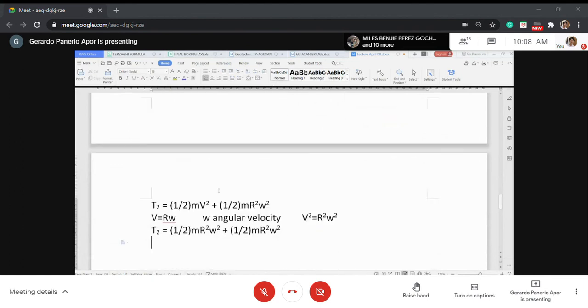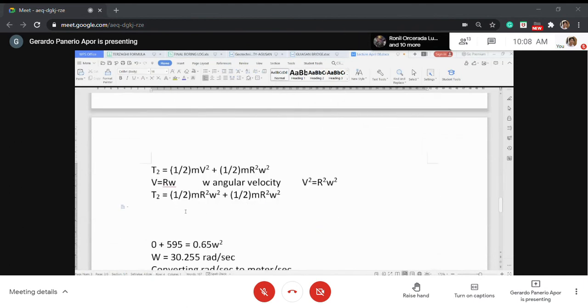Okay, so ang compute na nato ang T2 that is equal to 1/2 times 40 times the r squared, which is 0.1 squared, omega squared.